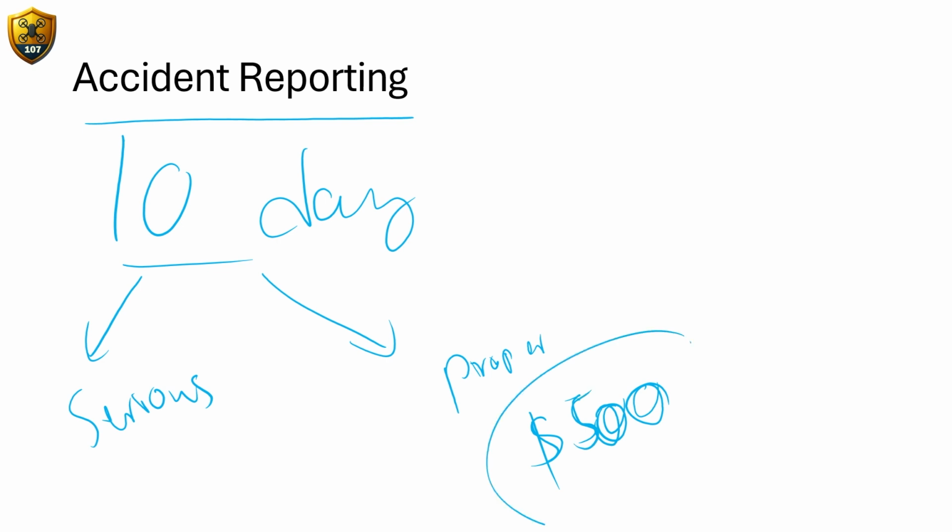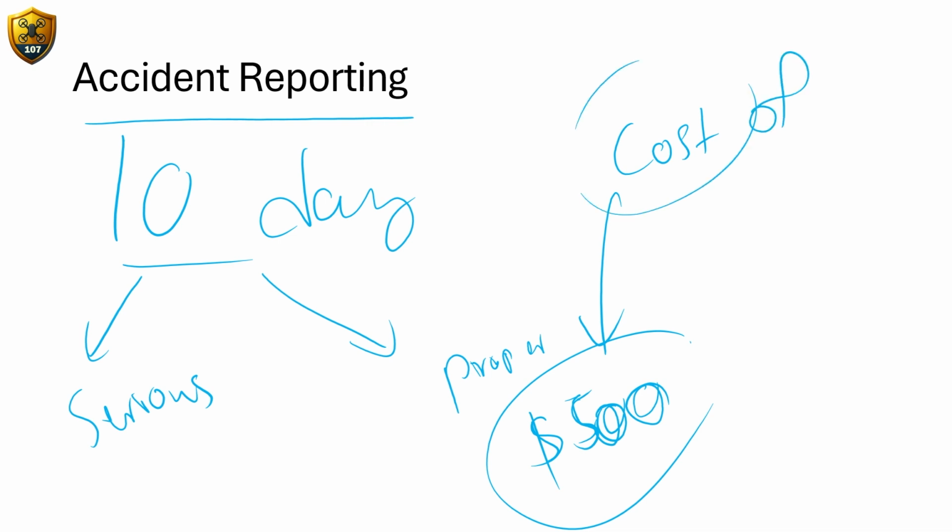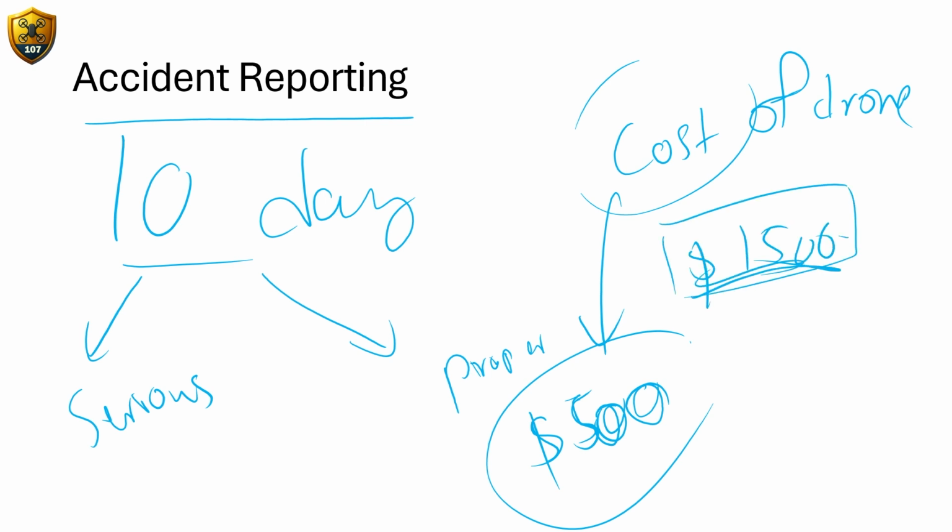But this $500 does not include the cost of your drone. Let's say that during the accident, you destroyed your drone, and your drone costs $1,500. That is not included. It is damage that is done to someone else, like someone else's property.